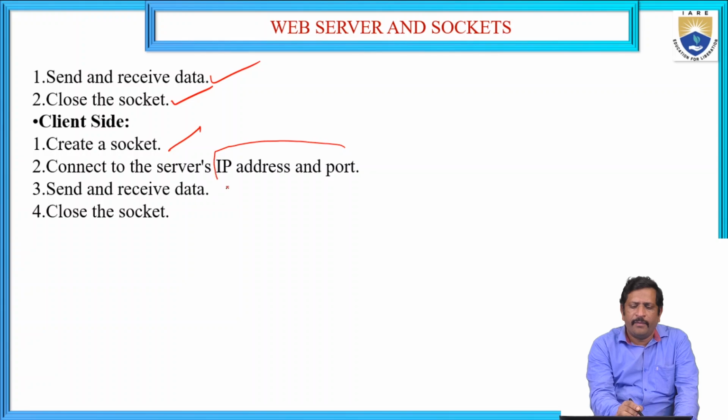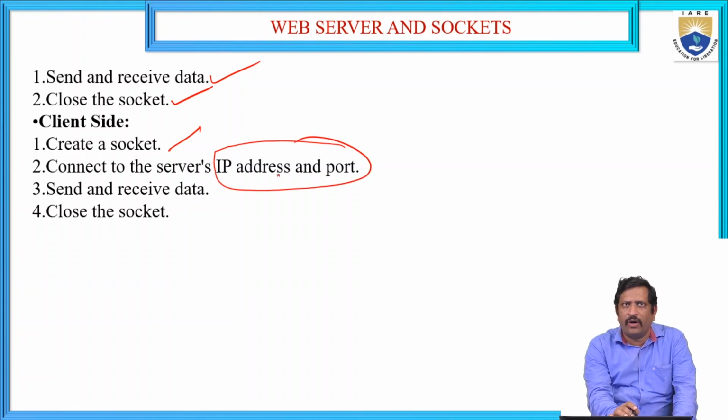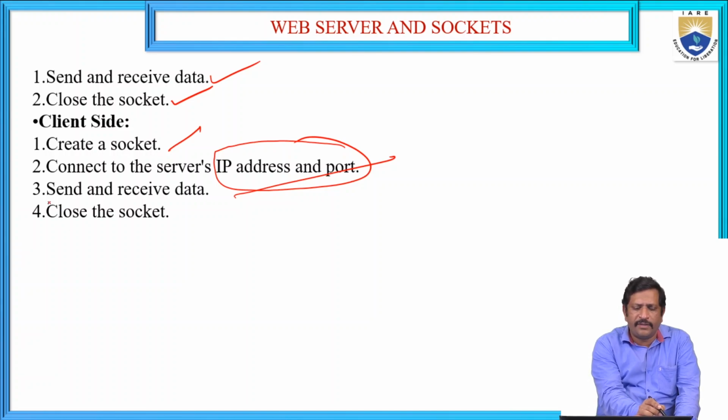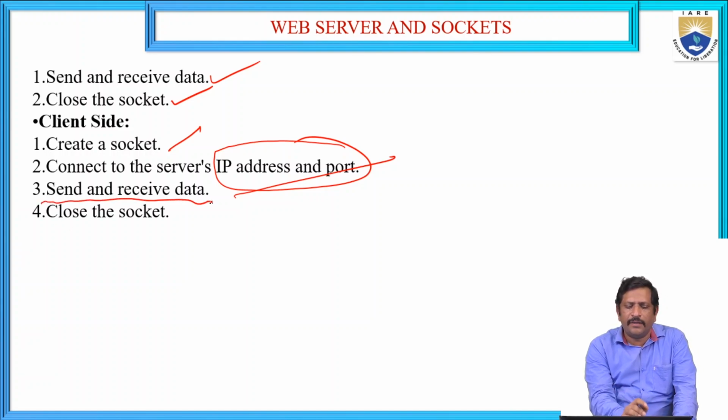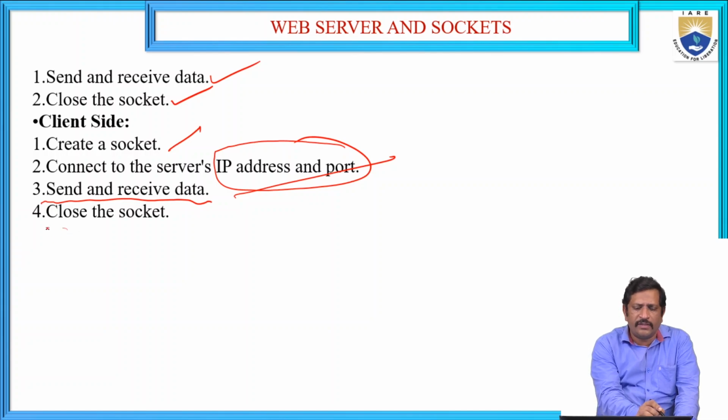By binding the IP address and port number, we can connect to the server and send and receive the data. Why? Because by binding only, we can identify that particular other device. After that, the connection is established, we send and receive the data, and close the sockets.